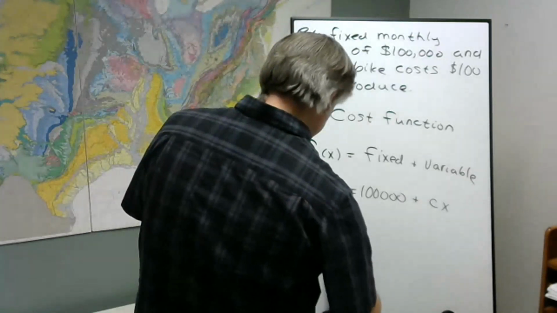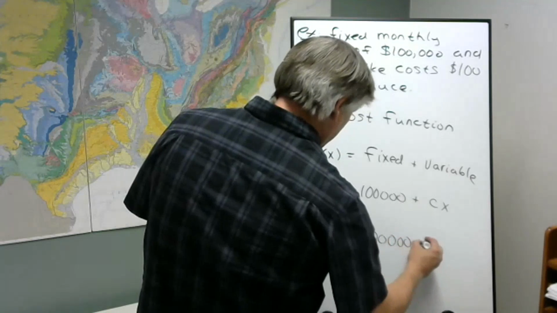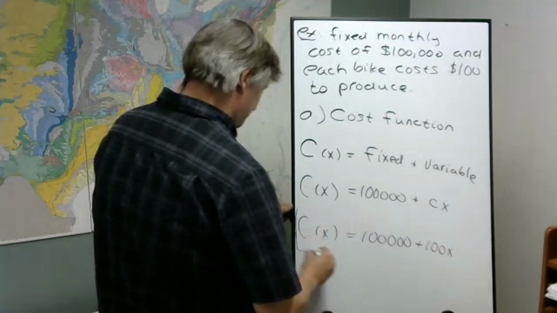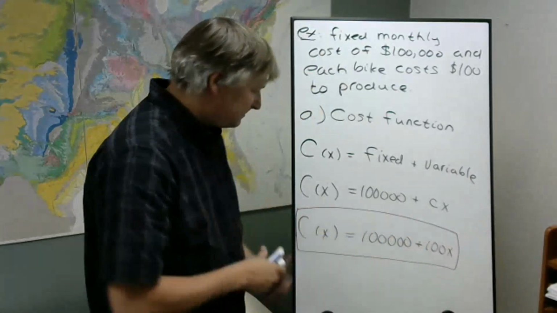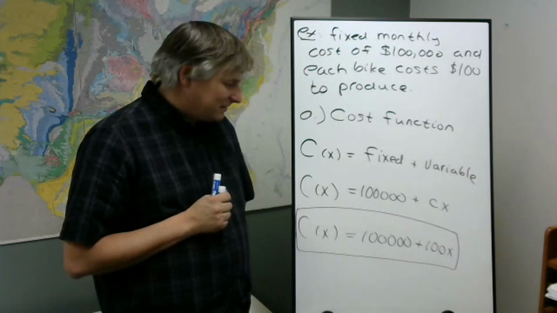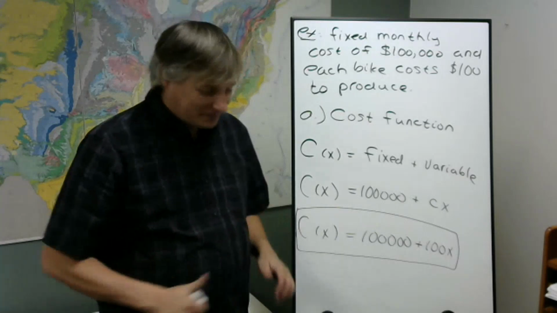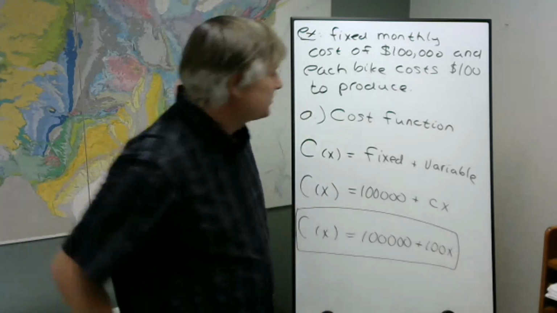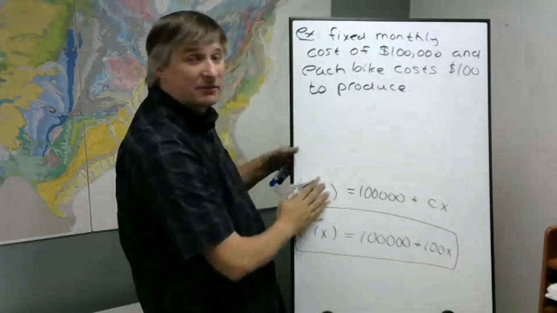So C(x) equals 100,000 plus 100x. And so that's going to be your answer. So let's take a look. The next question, they want you to find average cost.